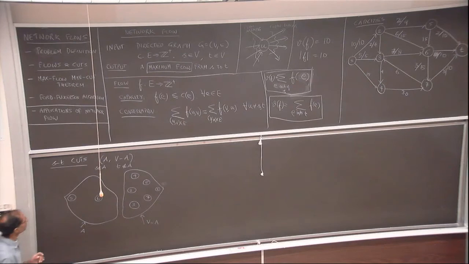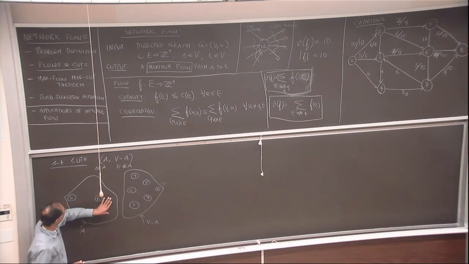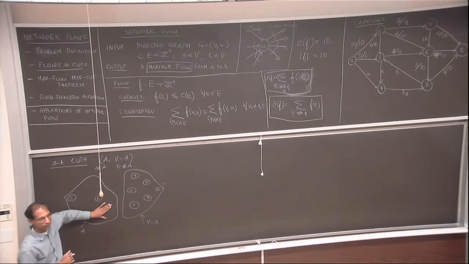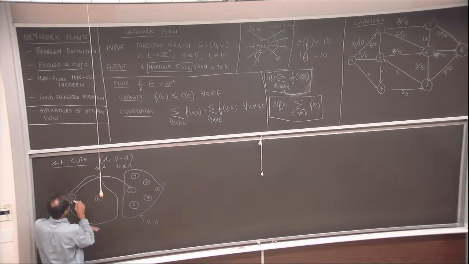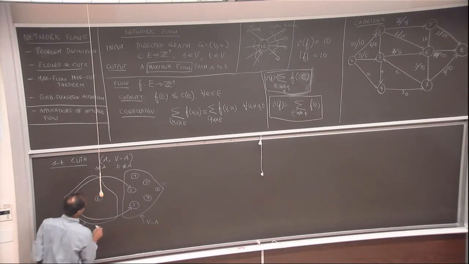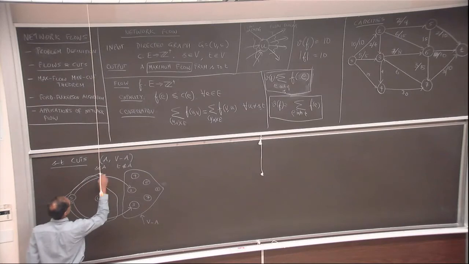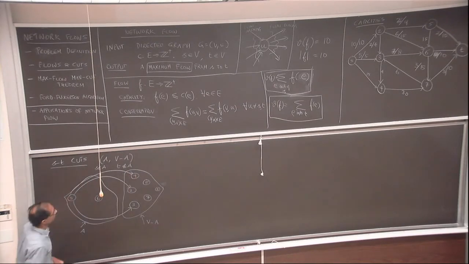So what are the edges going out of this side to the other side? S to 2, S to 3, and S to 4. Then there is 6 to T and 6 to 7.